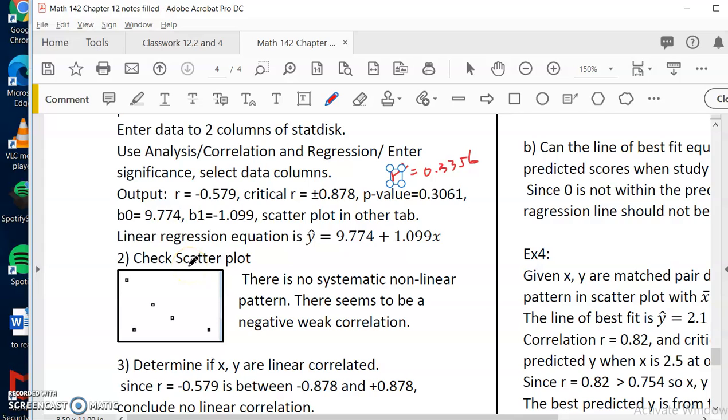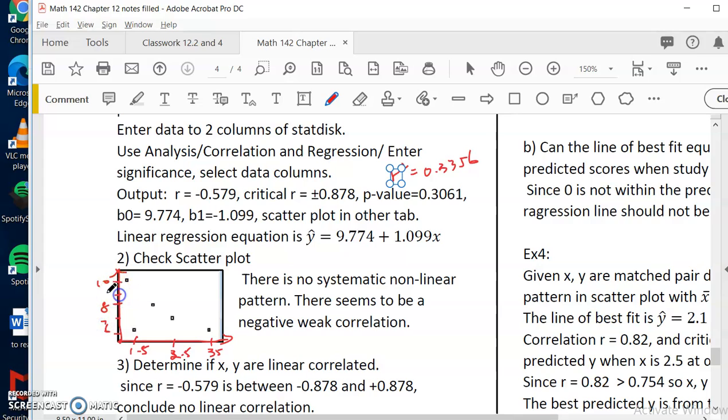So there's no systematic nonlinear pattern, right? Like what I have promised, we should write down this: 1.5 to 3.5. So 2.5, right? And then here we will say 6 to 10. 8 is here, right?